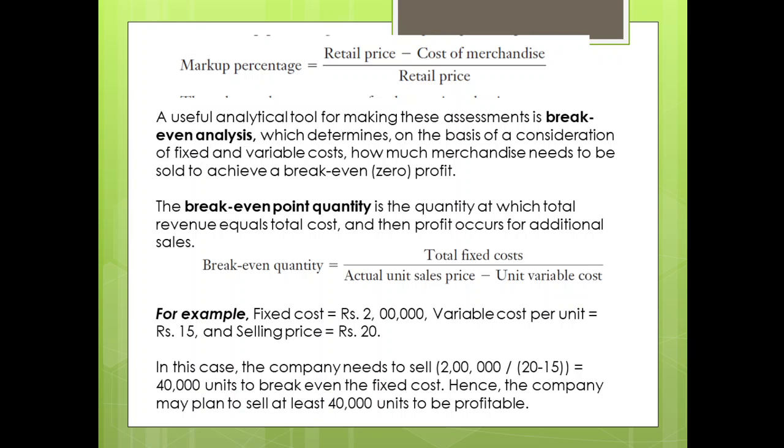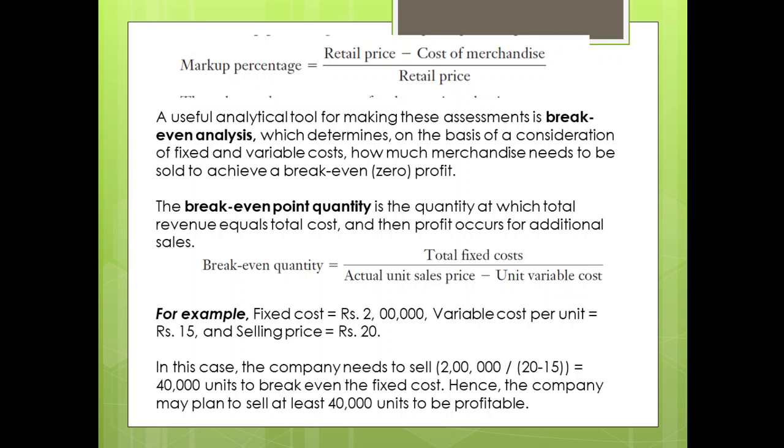When I sell the product, I need to reach a point where there is no profit, no loss. So what is the level of sales which will determine that? What is the quantity that I need to sell? Because whatever I sell beyond that is going to be profitable. That's what break-even point is. Where am I going to break even? Anything above that is a profitable sale.